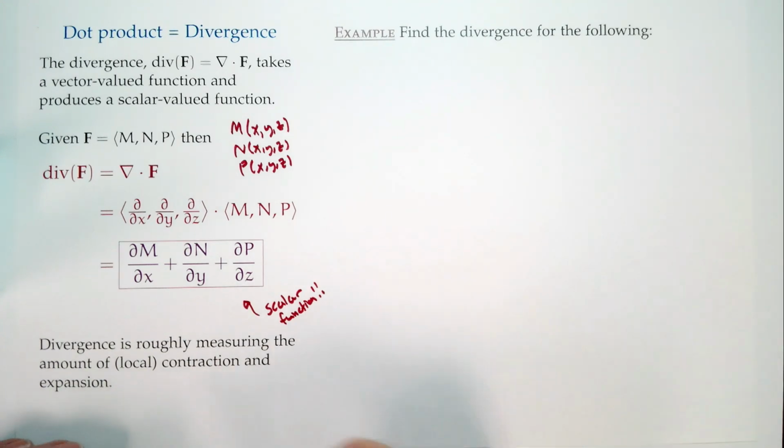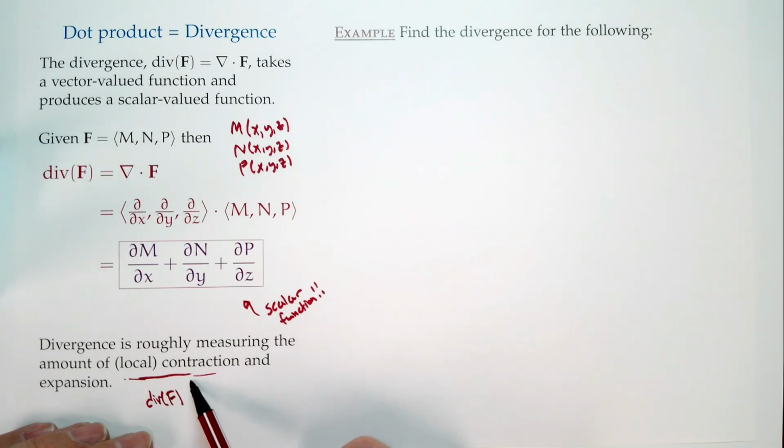So when I talk about the divergence of f at a point, what that measures is local contraction or expansion. So in particular, you should think of when the divergence is positive, that means that it's expanding.